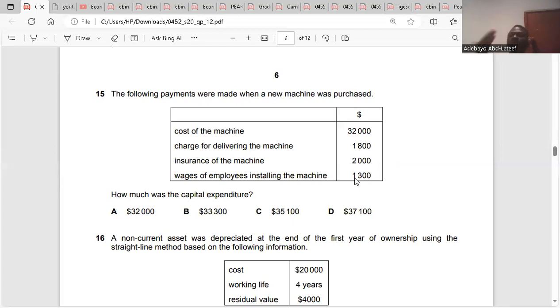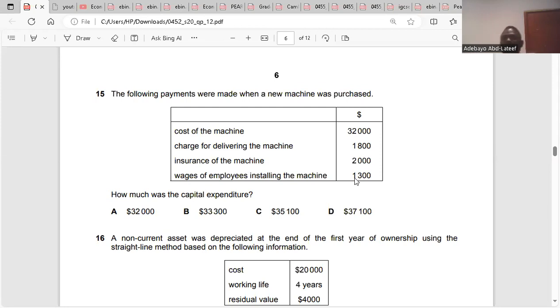When you spend on capital as non-current assets, the cost of installation is part of your capital expenditure. The carriage of that machinery or equipment is part of capital expenditure. Whatever you do to that asset to add value to it is part of capital expenditure.